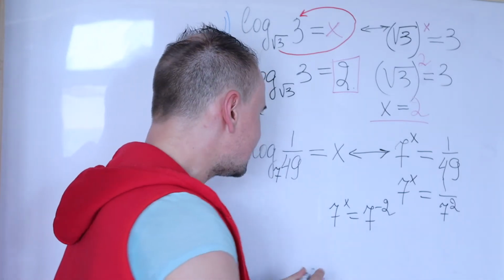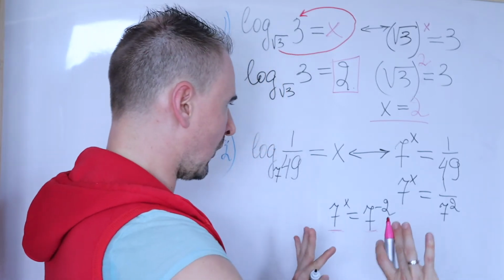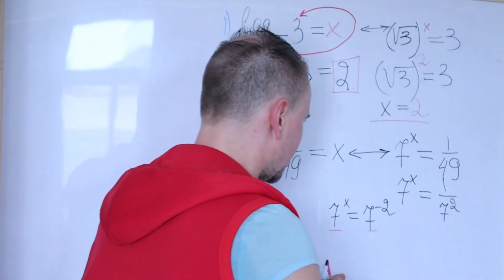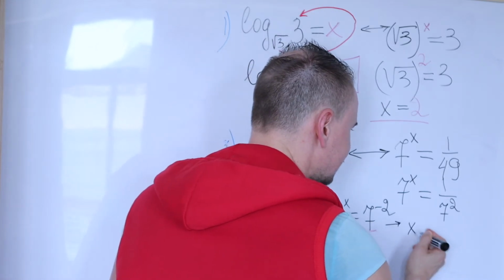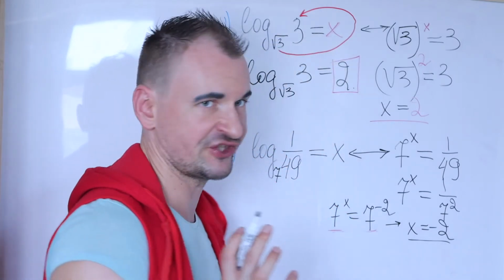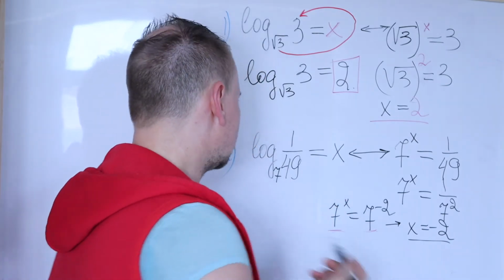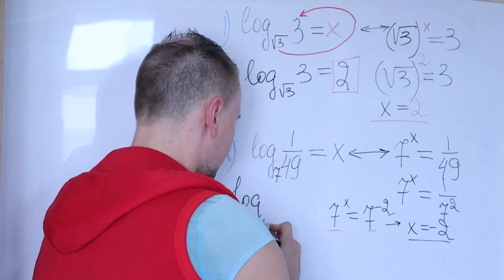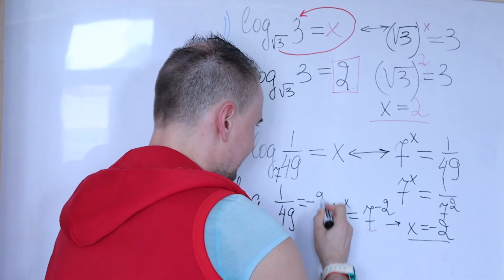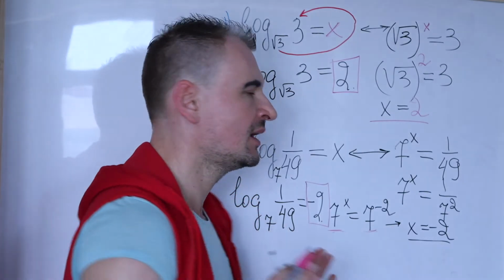Since you had the same base, namely 7, we could simply drop it off, and set these powers equal to each other. So you would conclude that your x is negative 2. That gives you the solution for your entire logarithm. So log to the base 7 of 1 over 49 is just negative 2. That's your answer for that logarithm.